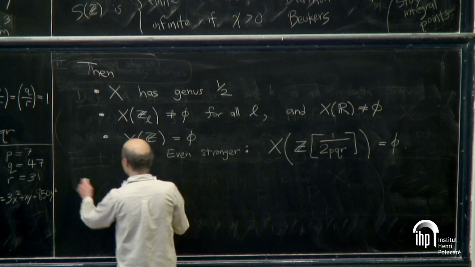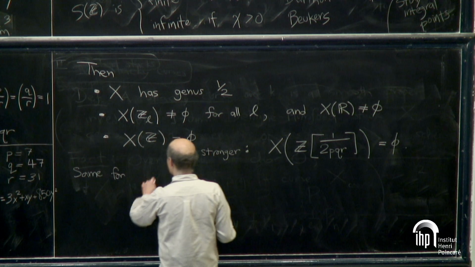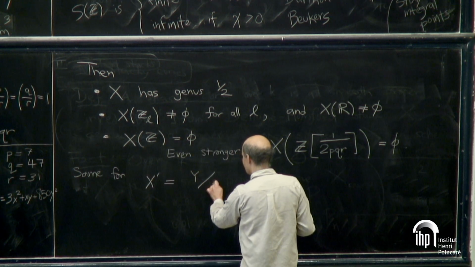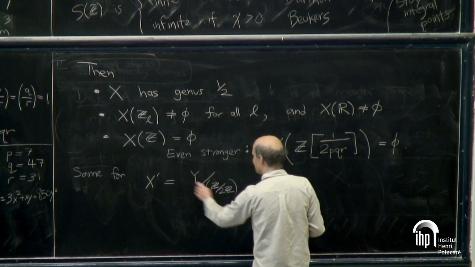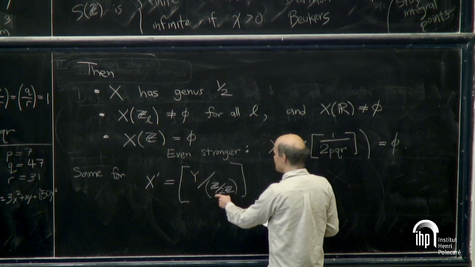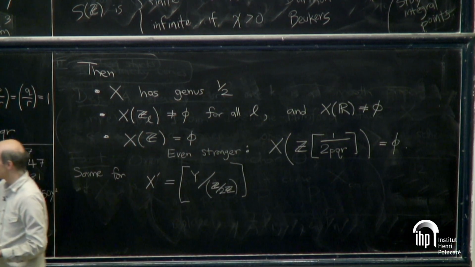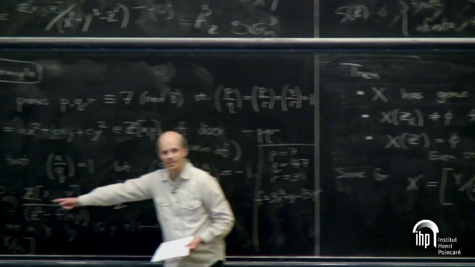There's an alternative you can do. You can do the same thing, except there's another stack quotient you could take. You could take Y and quotient by the group scheme Z mod 2Z as a group scheme over Z, and have it act through where the non-trivial element acts by multiplication by -1 on the Z coordinate. So it acts through the homomorphism from Z mod 2Z to mu2.